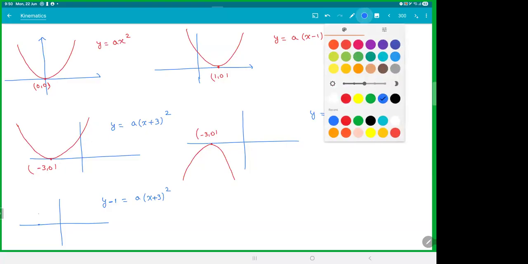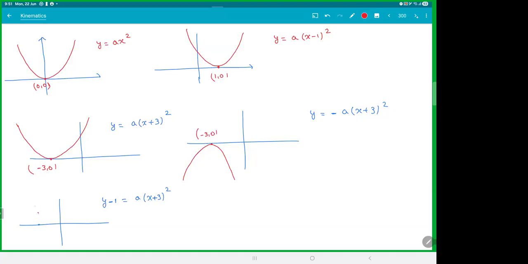Meaning when you shift the y value, you pushed it here, minus 3 comma 1. So your parabola will be with a minus sign. If you take plus sign, then it will be upward. So whenever you add something to y, you're pushing the parabola up and down. Adding something to x will push the parabola left and right.